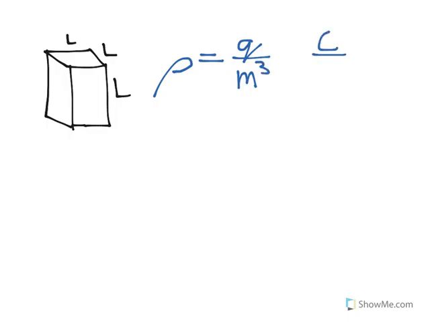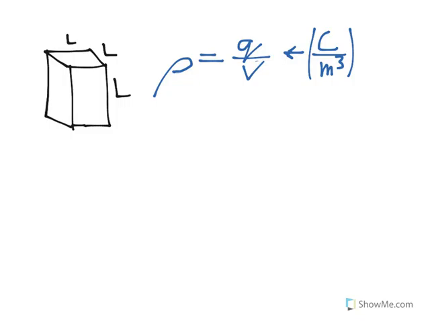So it's coulombs per meter cubed. In this case, you do the same thing as the plate and the wire, except instead of using a length or an area, you use your volume.